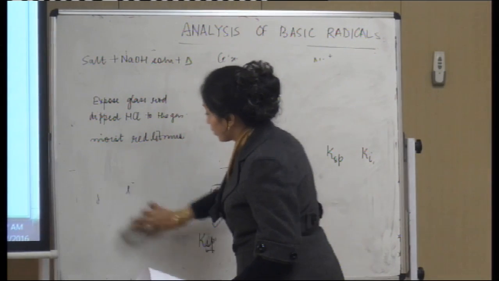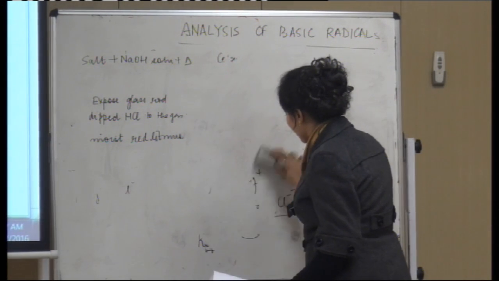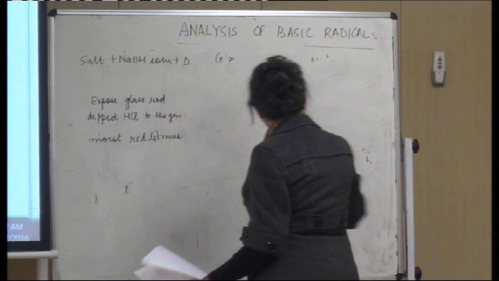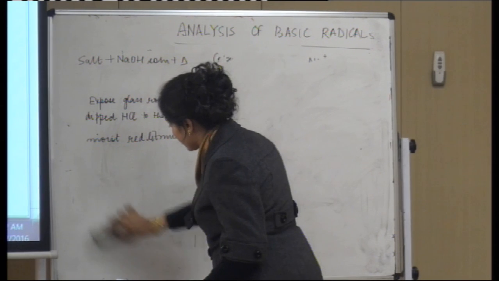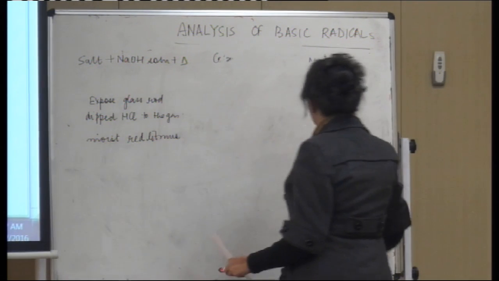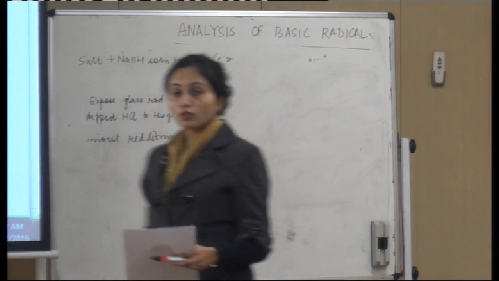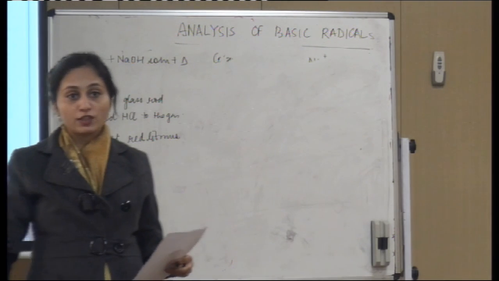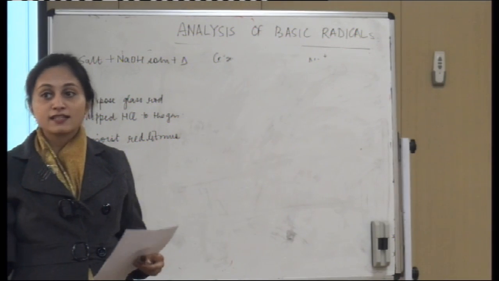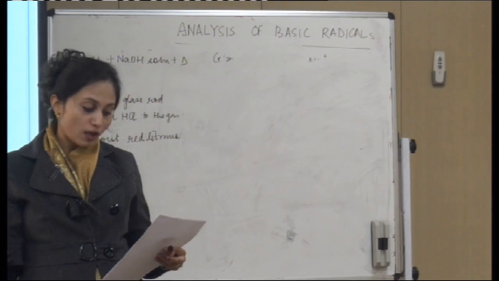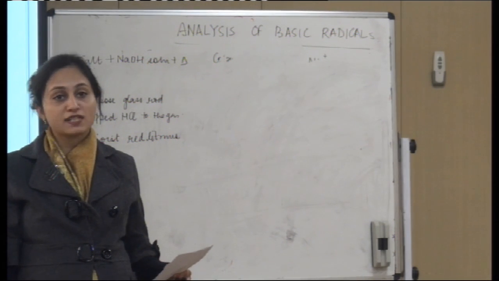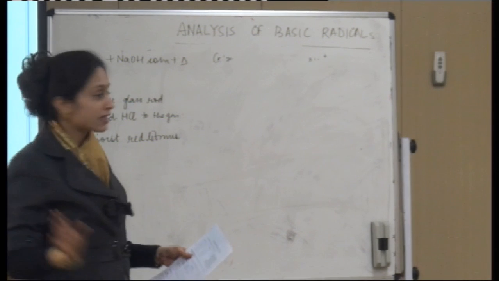Then group 1 is your lead and Ag plus. Then in group 2 you have Pb2 plus, Cd2 plus, and copper 2 plus also. Group 3 you have aluminium and iron, group 4 you have zinc, manganese, cobalt and nickel, group 5 you have calcium, strontium and barium, and group 6 you have magnesium. So you are supposed to remember that.